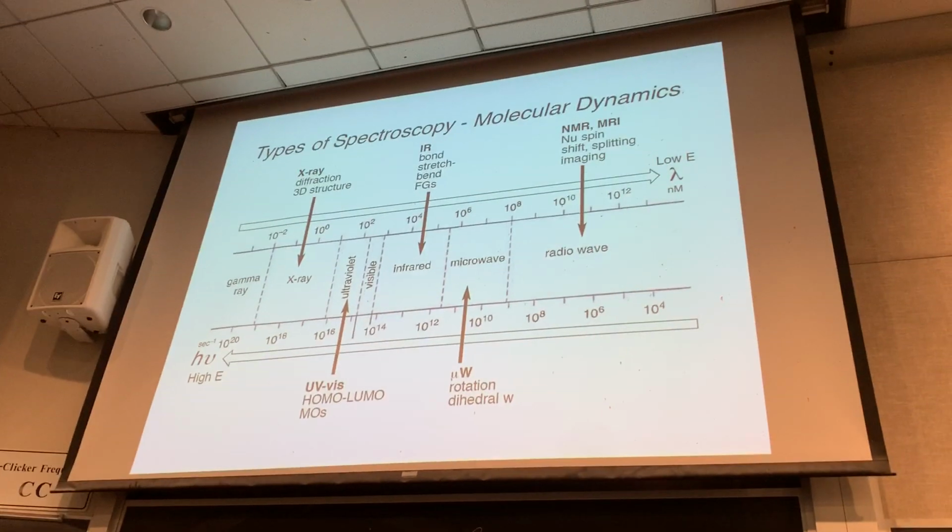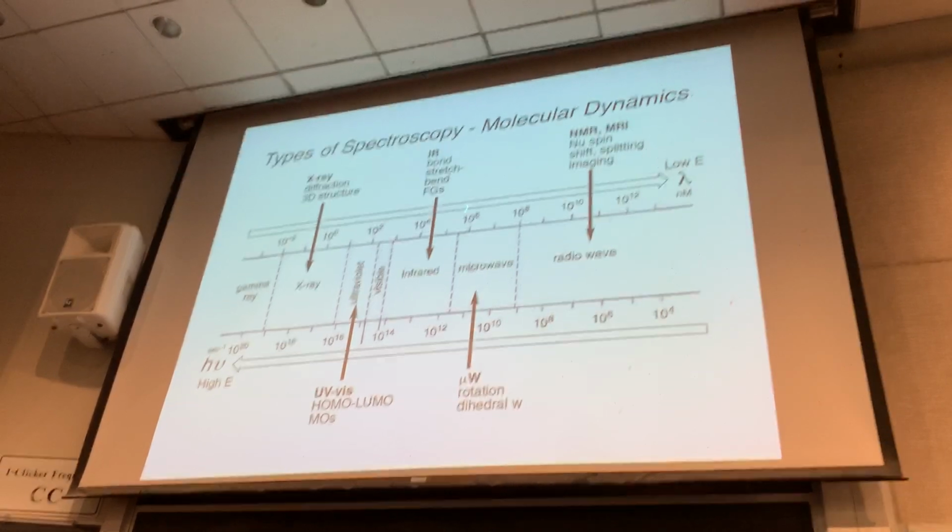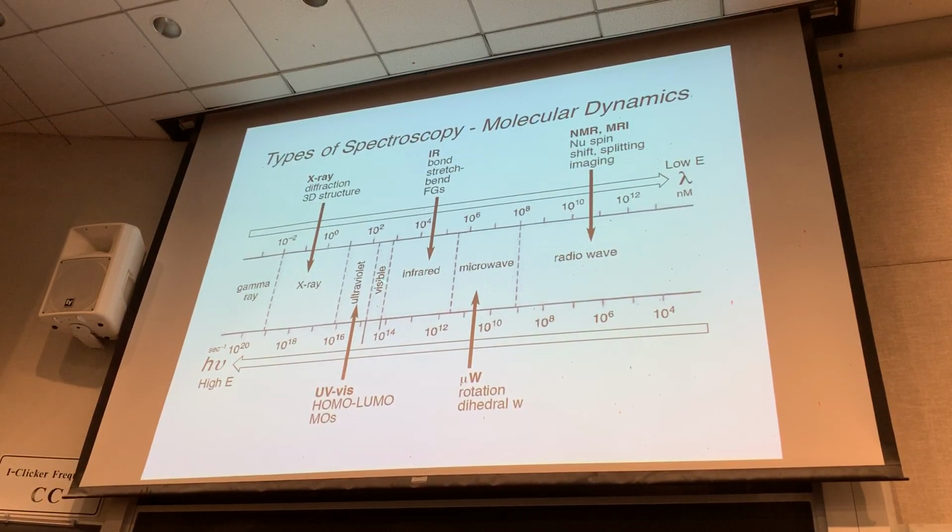So there's our basic analytical deal. Sorry, here's the types of spectroscopy. We're talking about IR right here, which is what we're focused on. But you can see some others here, X-ray, UV-vis. Maybe you've heard about that. That's polyenes and aromatic compounds and molecular orbital energies, as the electrons are excited to different excited states, HOMO-LUMO excitation. Then we got NMR way down here, and that's for chapter 14 coming up.